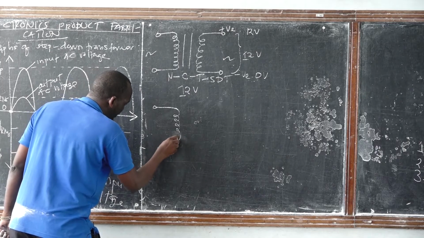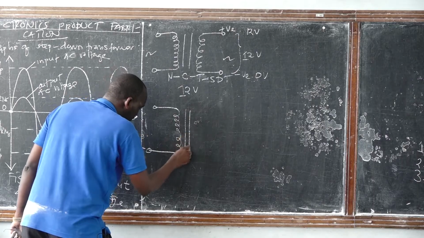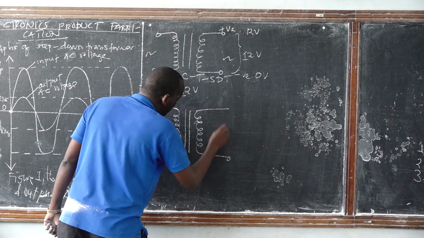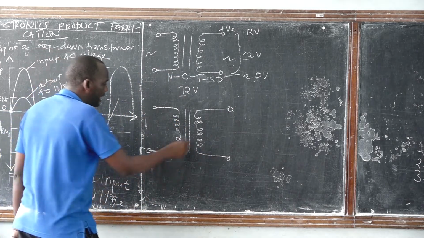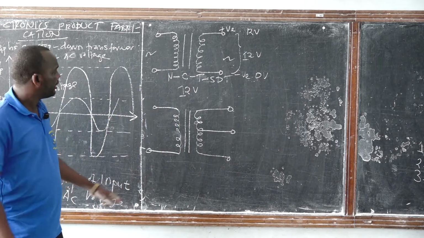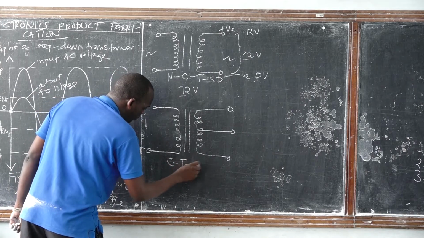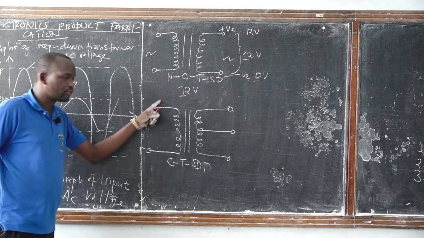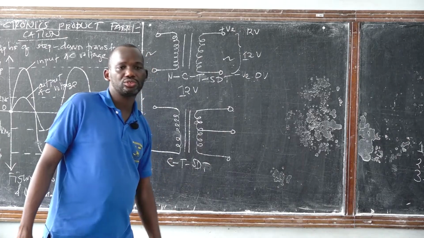Let me take you to the center-tapped step-down transformer. This is the schematic symbol of the transformer. Okay? So here we have another terminal. We have three wires at the output. For the center-tapped step-down transformer, we have two input terminals and three output terminals.